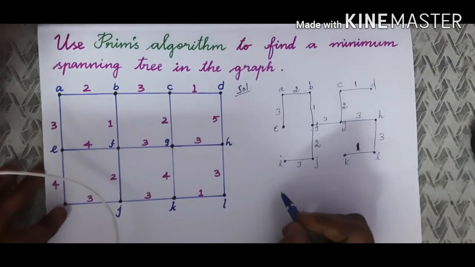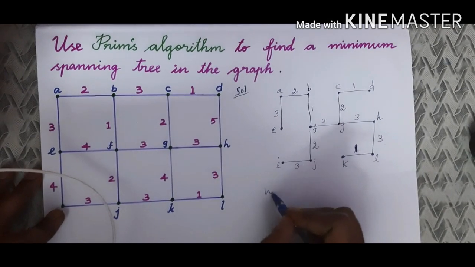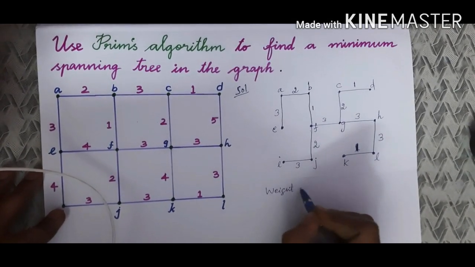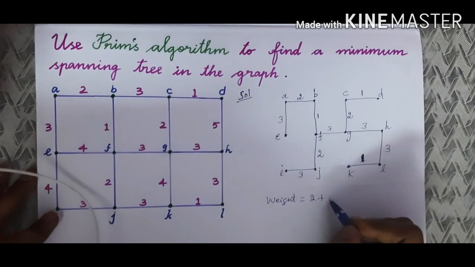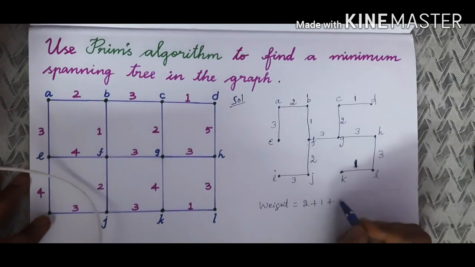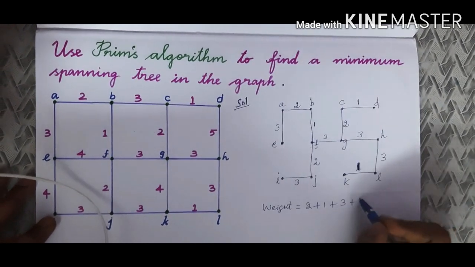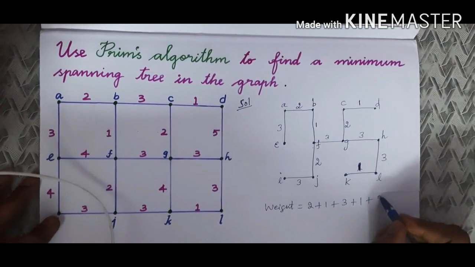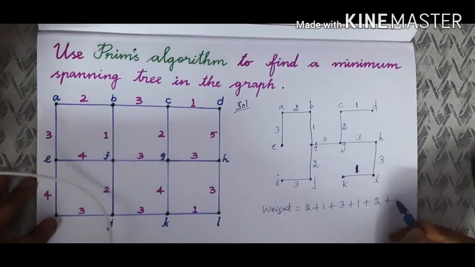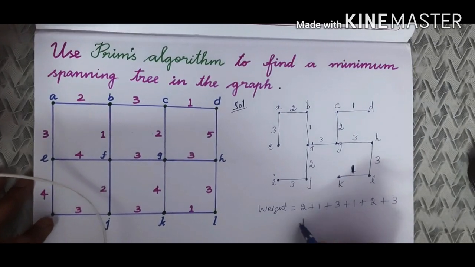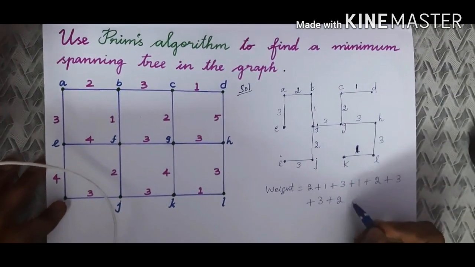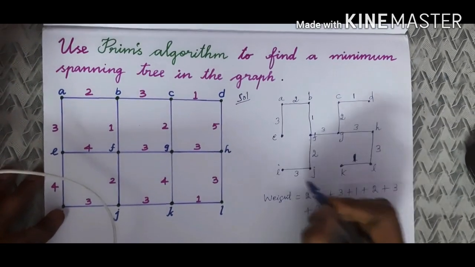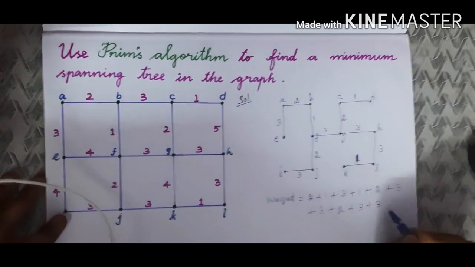Now let's count the weight. 2 plus 1 plus 3 plus 1 plus 2 plus 3 plus 3 plus 2 plus 3 plus 3 and plus 1.